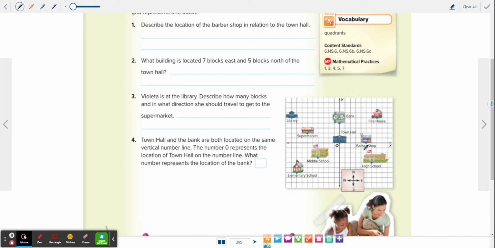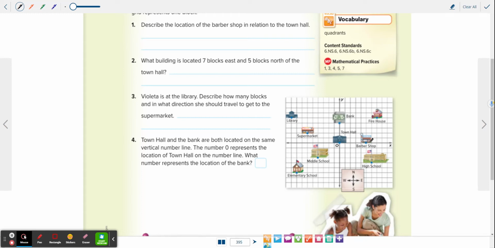So if you look at this, they've also given you the directions, the compass. We have west this way, east this way. So X runs east to west, and we have north and south this way. So the Y axis runs north and south.